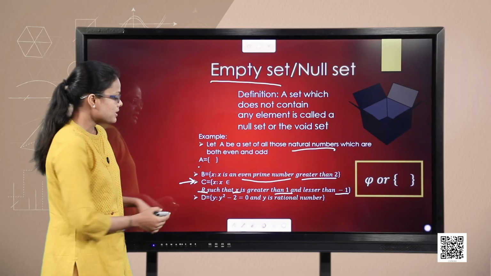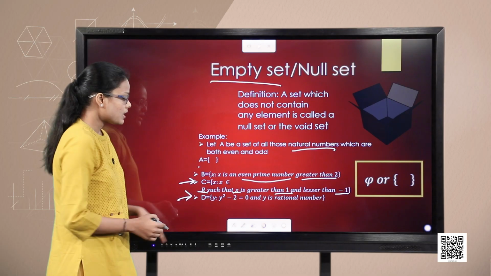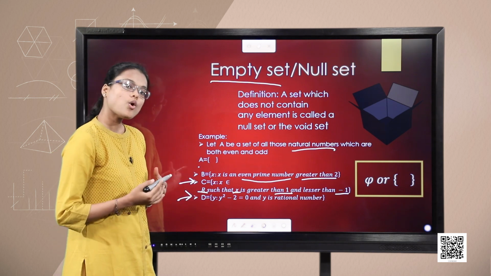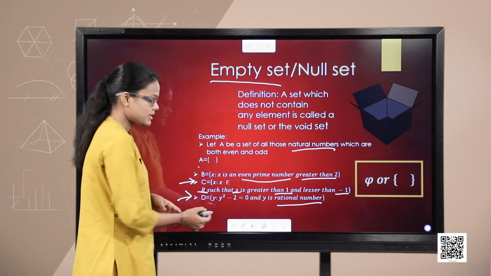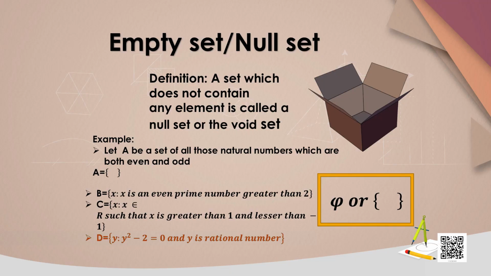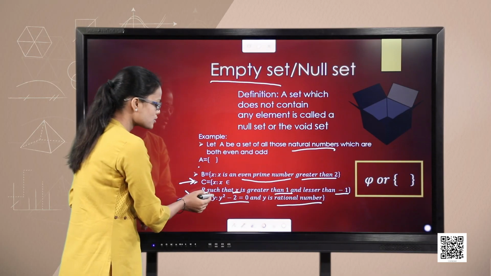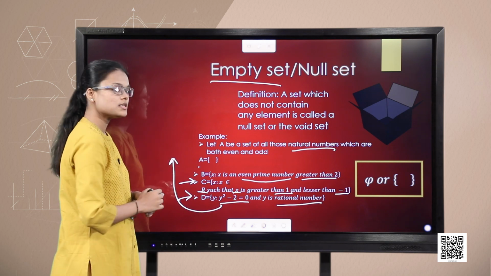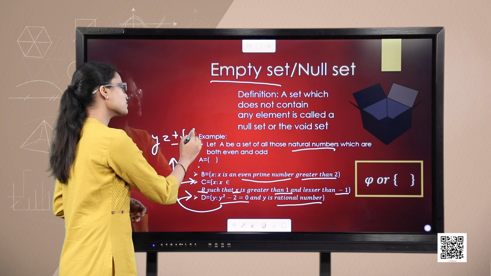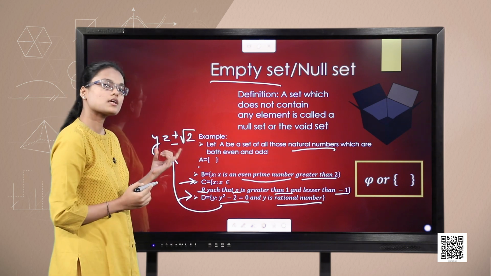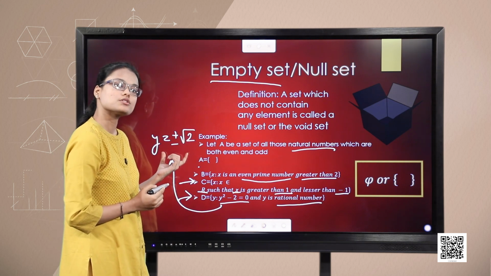Now, the last set D. D consists of all those rational solutions of the equation y square minus 2 equal to 0. On solving it, you may see that the solution of this equation is y equal to plus minus root 2, which gives irrational solutions.